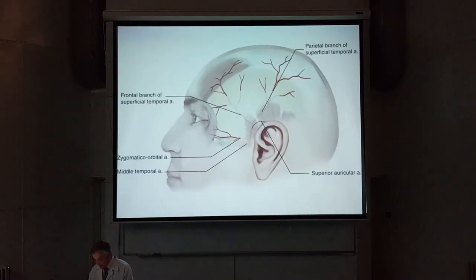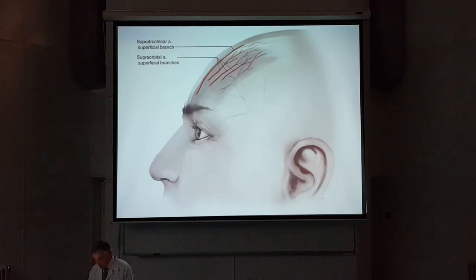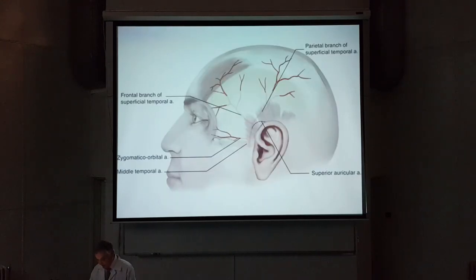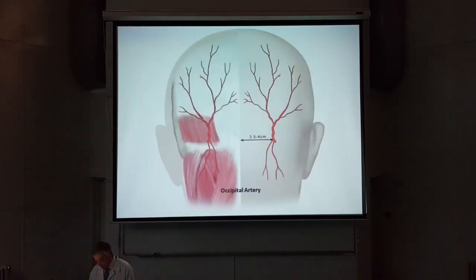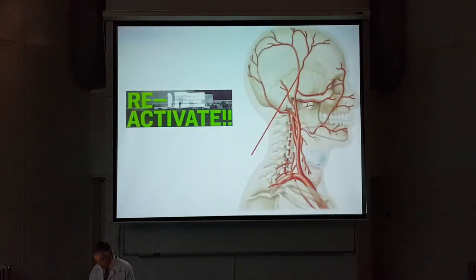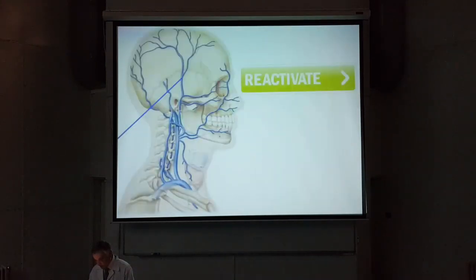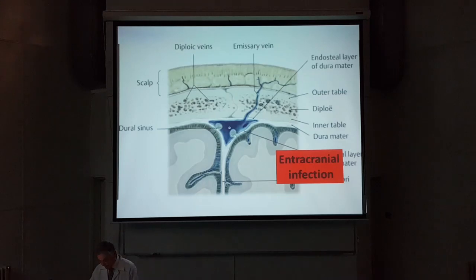Many sources of blood vessels: the ophthalmic artery, superficial temporal, occipital. So we need to reactivate our knowledge of arteries and veins.